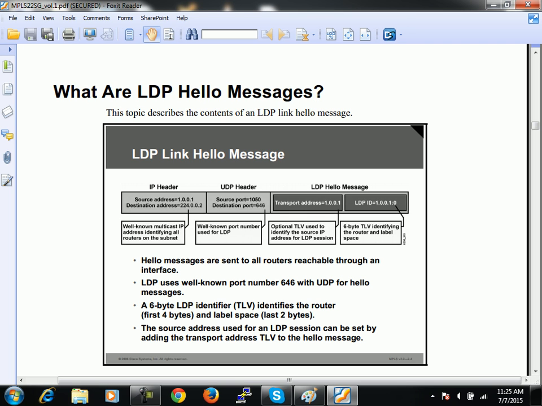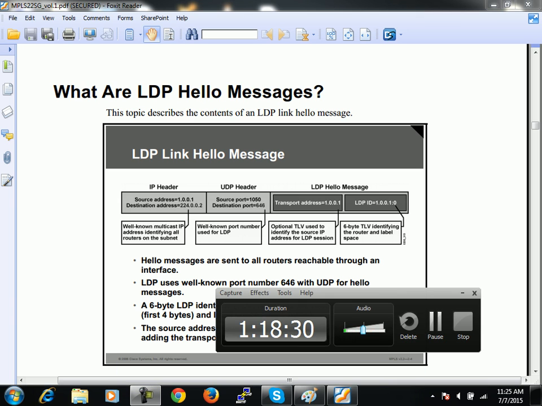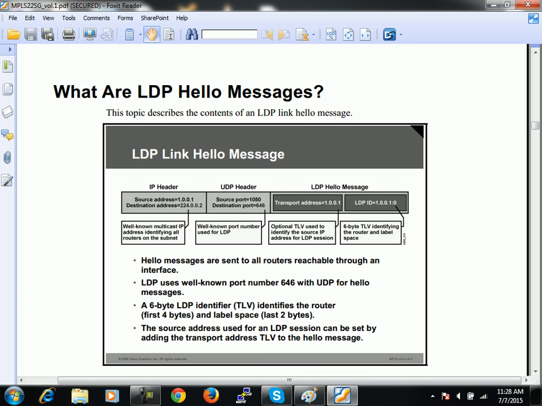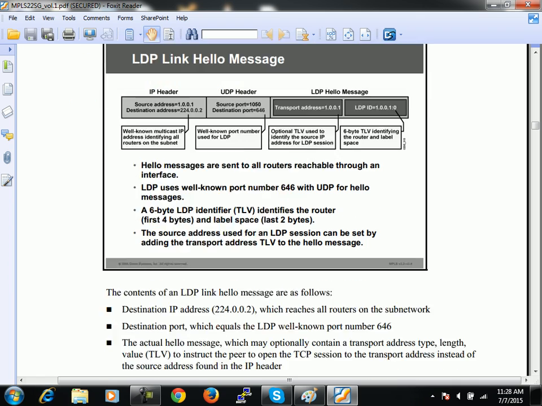Here they are talking about the contents of the hello packet. So hello will basically have its router ID. I will discuss it, don't worry. I will open this LDP packet and show you which kind of information is contained in the hello packet. They have also mentioned that in LDP, hello packets will always use UDP 646, and then they will form a TCP session.